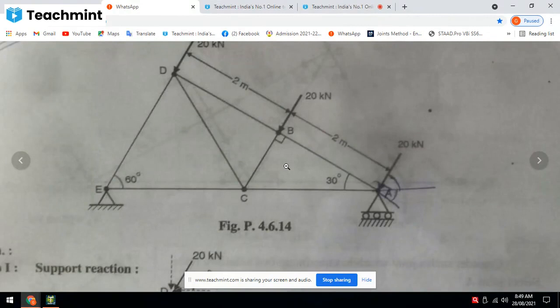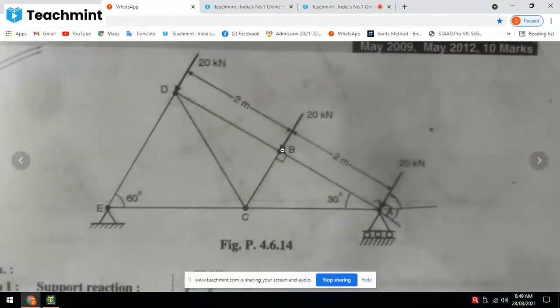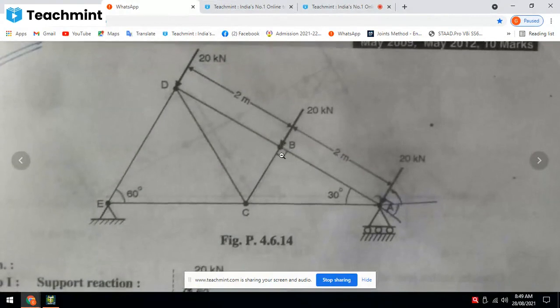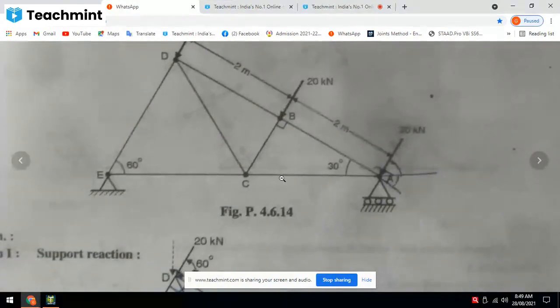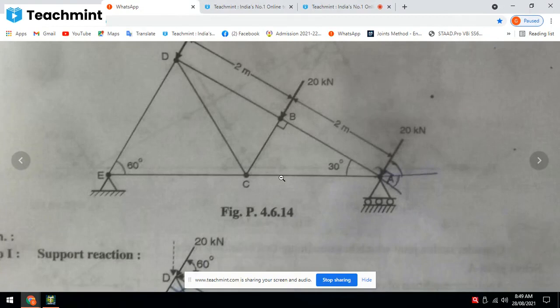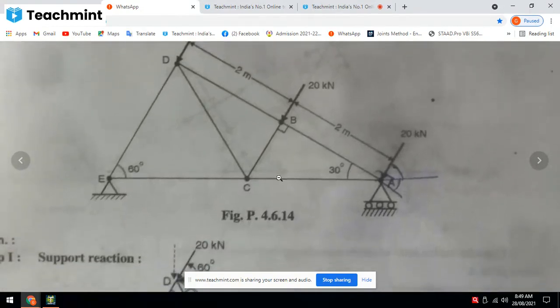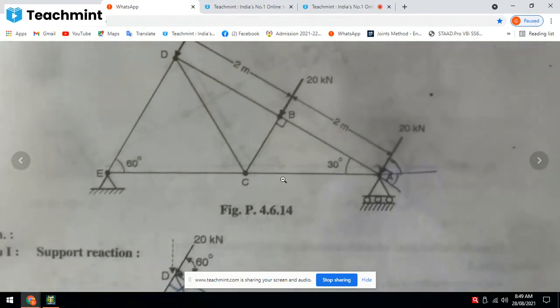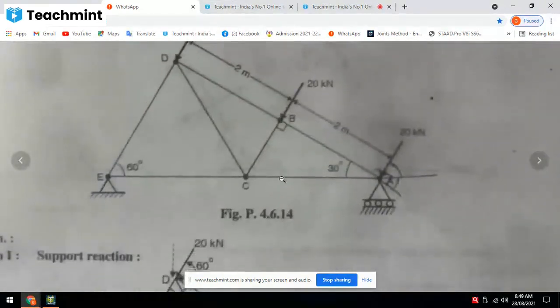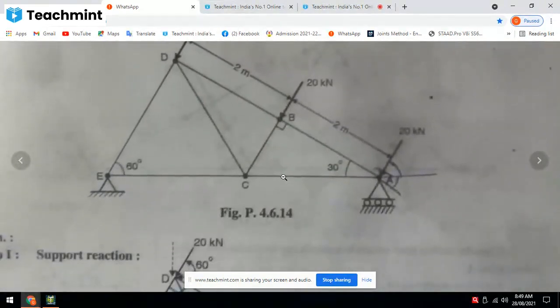So point B will be at a distance of, again I will draw the perpendicular from this, so I will get the ordinate of the point B. If the ordinate is dropped vertically, the height is your 1 meter.